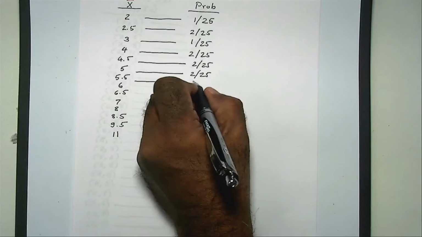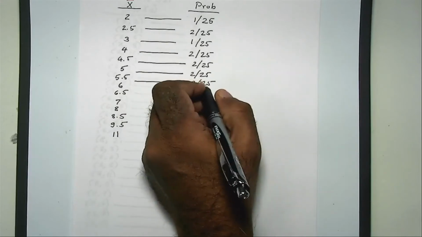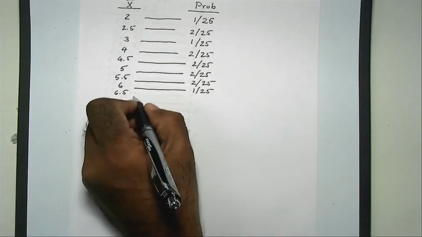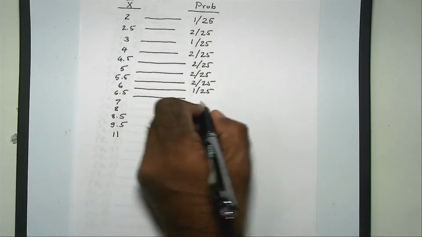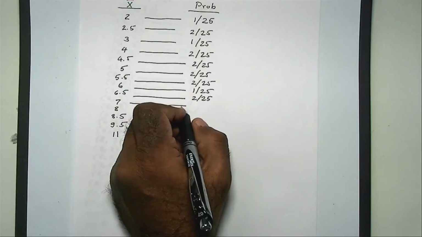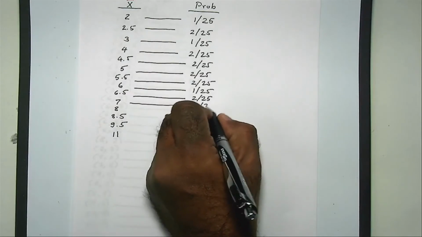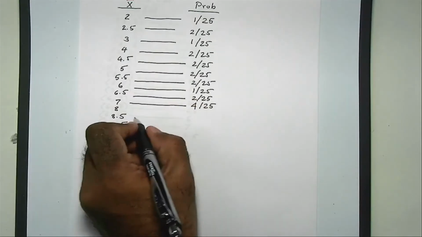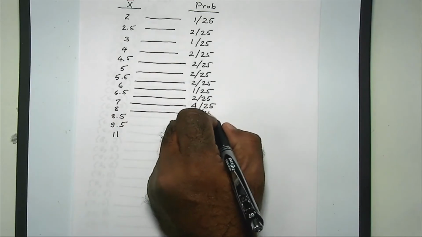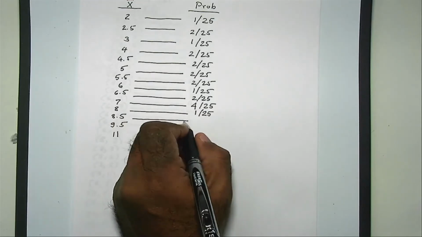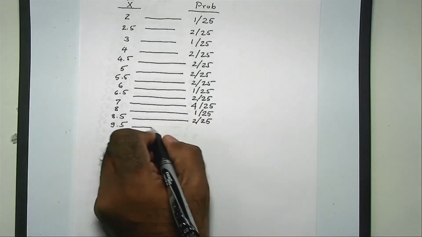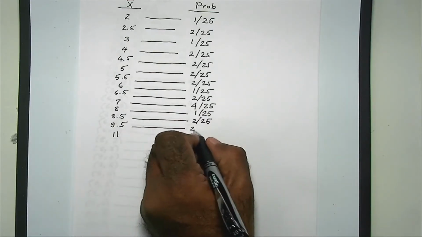5.5, you have 2 outcomes. 6, you have 1 outcome. 6.5, you have 2. 7, you have 4 outcomes out of 25. 8, you have 1 outcome. 8.5, you have 2 outcomes. 9.5, you have 2 outcomes.